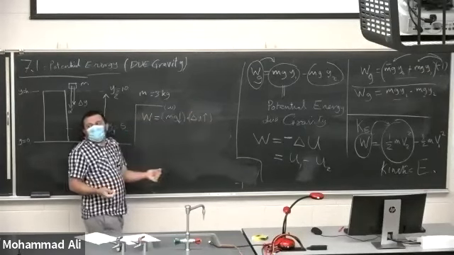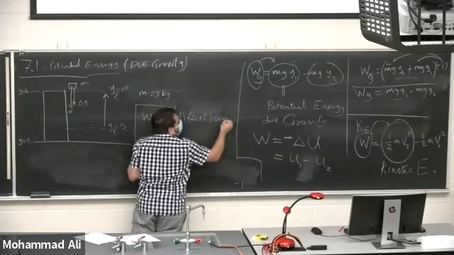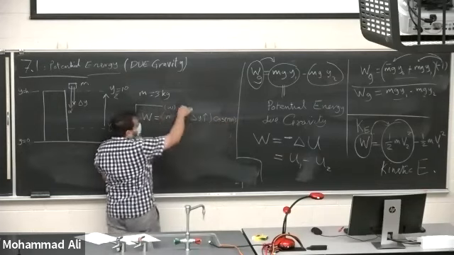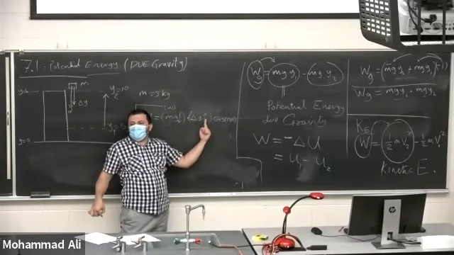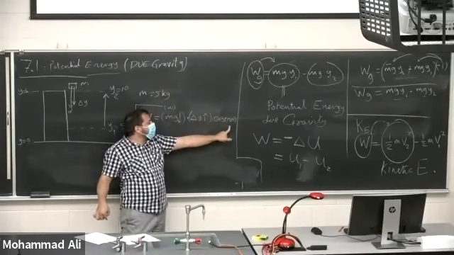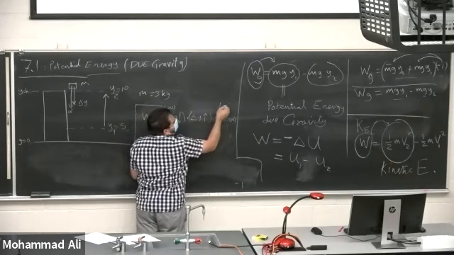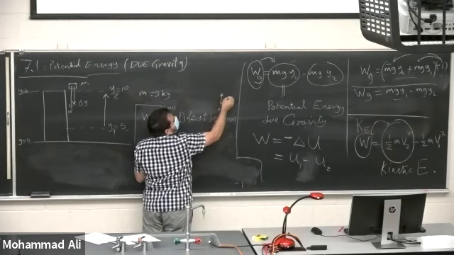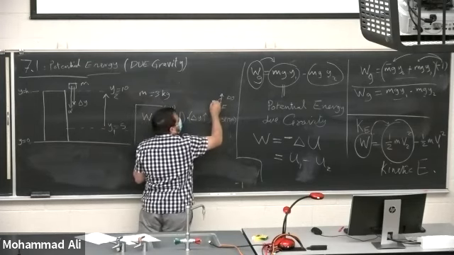How much is theta between them? Again, we have the force downward, and the displacement upward. This is the force, and this is the change in displacement. Theta between them is 180.